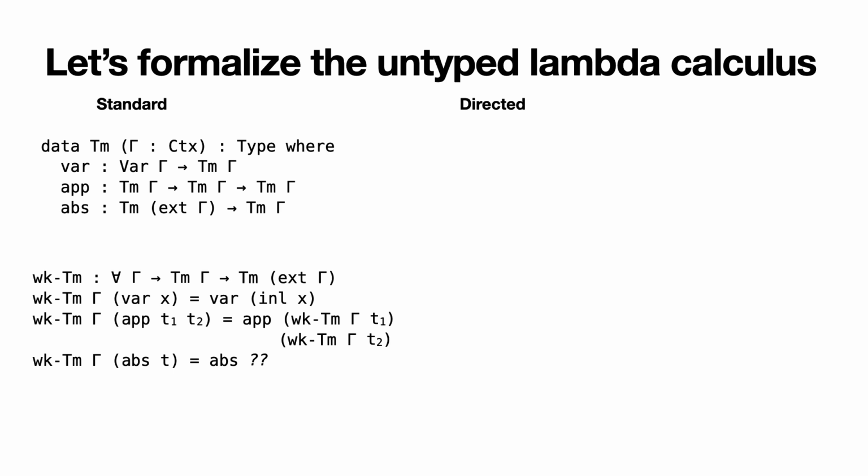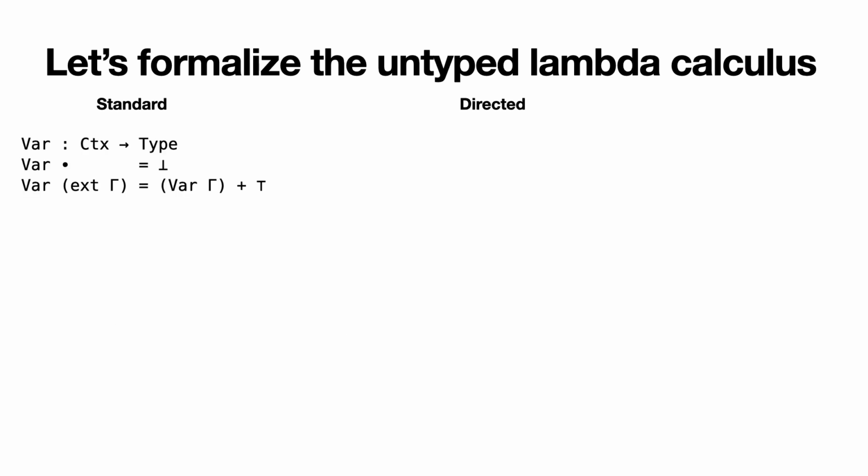But what about the lambda case? If we went and weakened the term directly, it would actually change which variable was bound by the lambda to the new variable we introduce, which is not what we want to do. We want to keep the same variable bound. So it's a bit more complicated, and we need to actually think about weakening not just at the end of the context, but at an arbitrary location in the context.